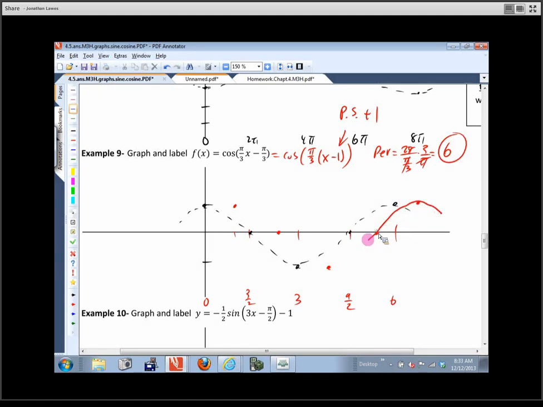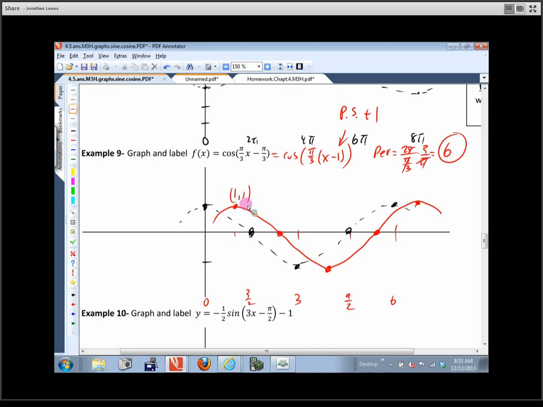And here is the correct graph. And I need to label those 5 key points. So if on the black graph these points are easy to identify, all I have to do is take each one of those and move them. So if this point right here was at 0, 1, all I did is slide that over 1 unit. So that's going to be at 1, 1.